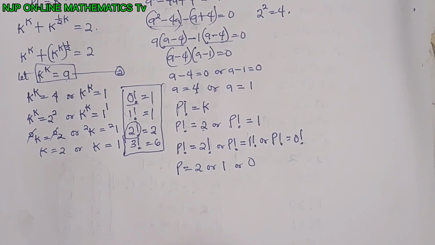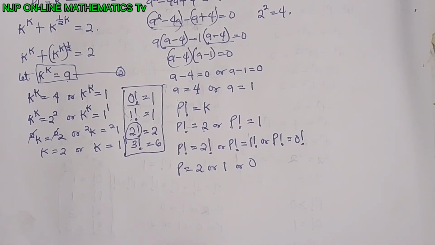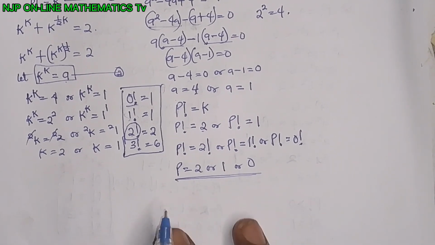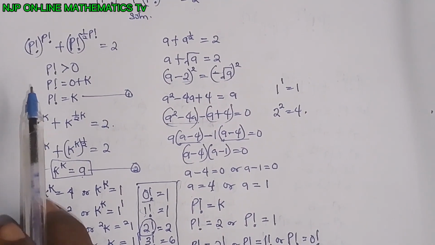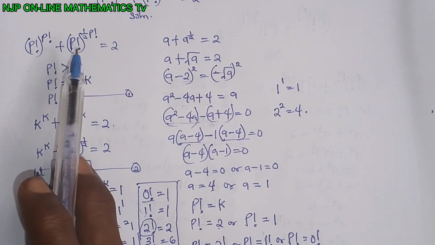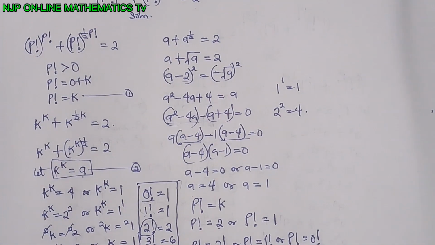So since we have obtained three values for p, we need to check from our relationship if these three values of p satisfy the equation that we were given, that p factorial to the power p factorial plus p factorial to the power of half p factorial equals 2.